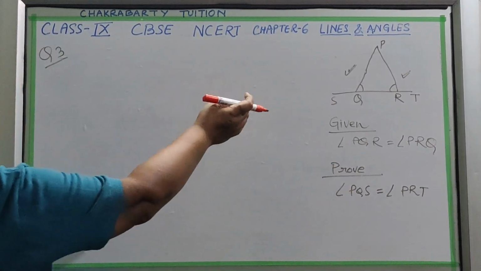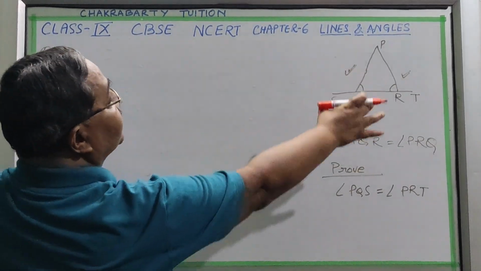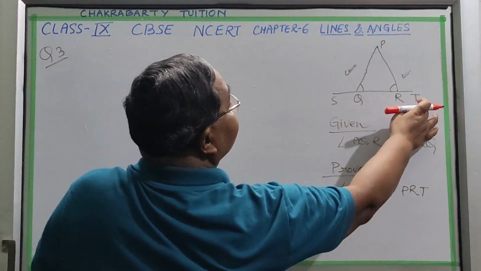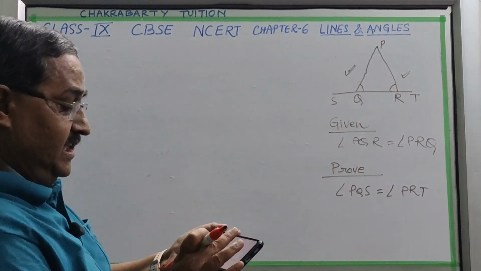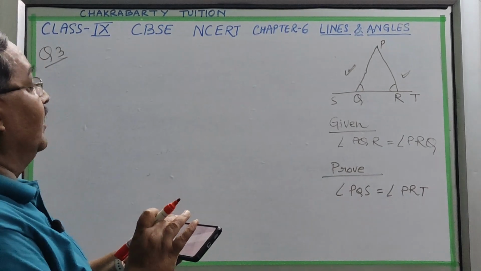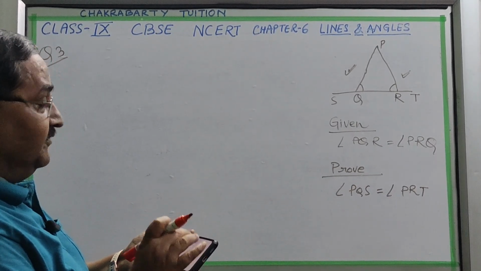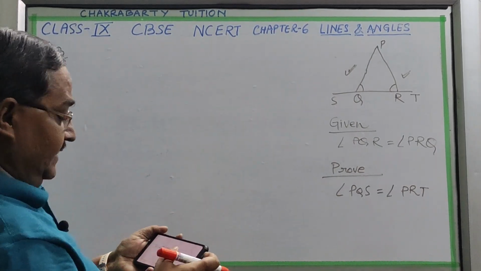So here, if we observe the figure given, it means S and T is a line. If you see the picture given in figure 6.15 in the book, by observing the figure, it appears that ST is a line.